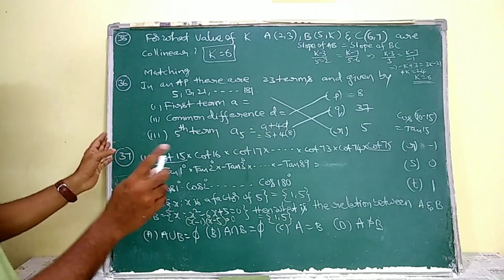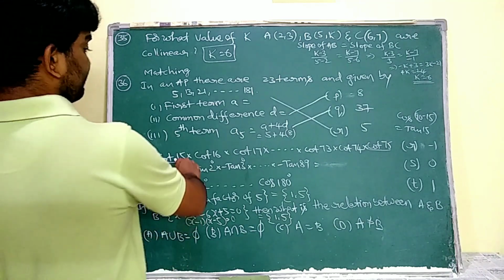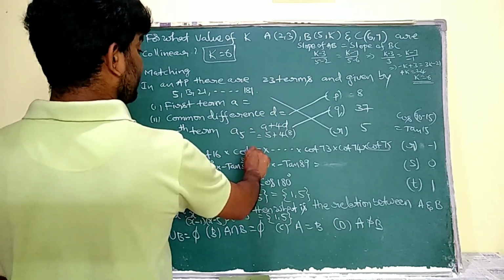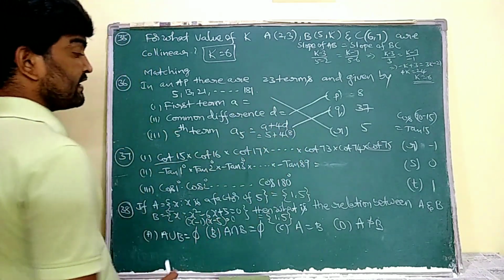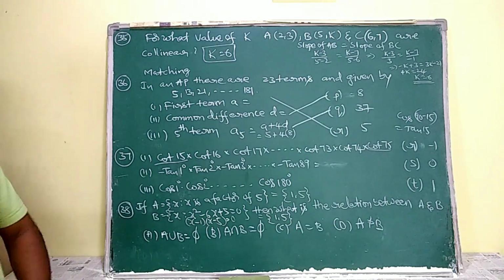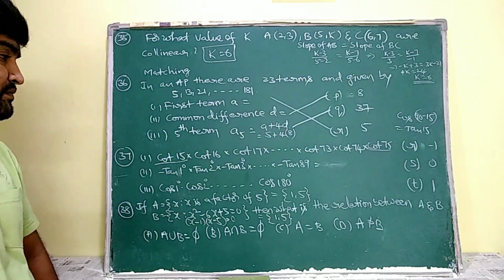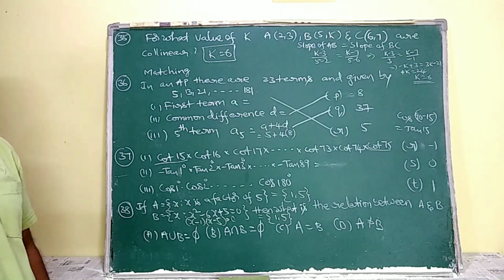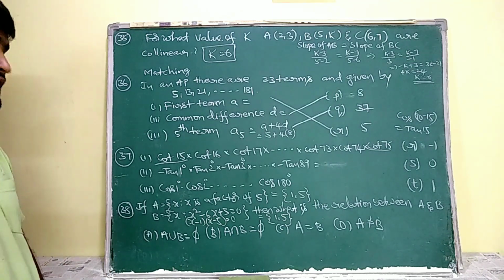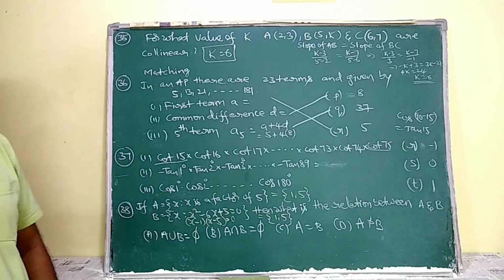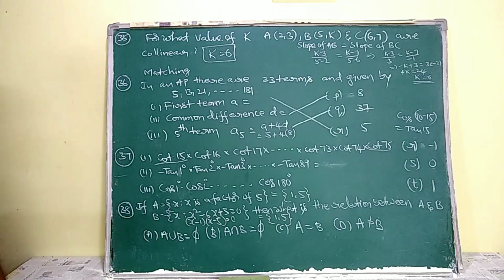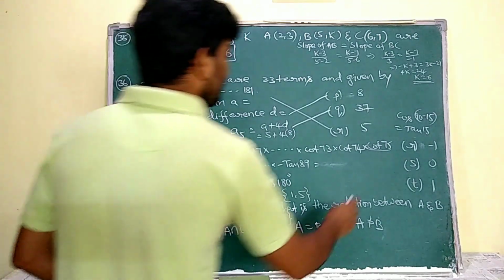Like that if I pair up 15 and 75, 16 and 74, 17 and 73, in the middle cot 45 is left. All the pairs give us 1, and cot 45 is also 1, so totally it is 1.